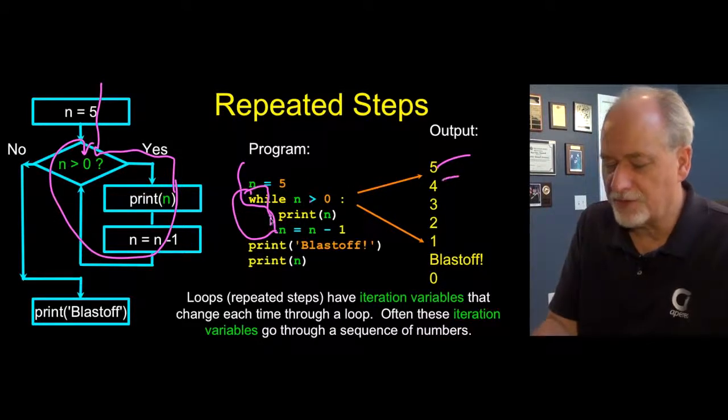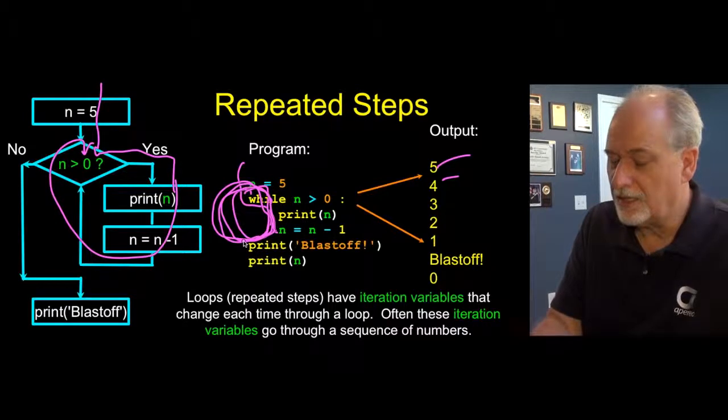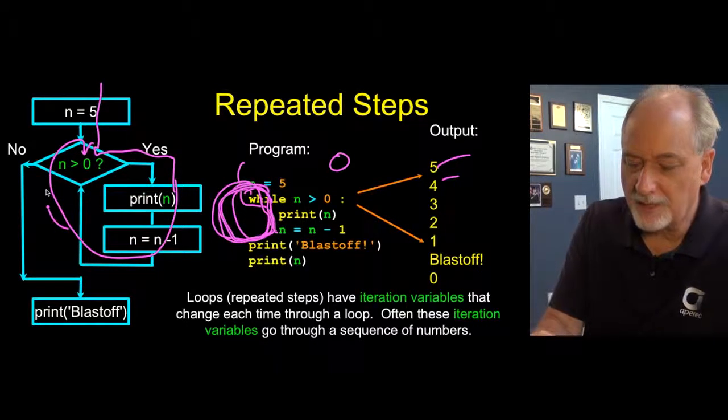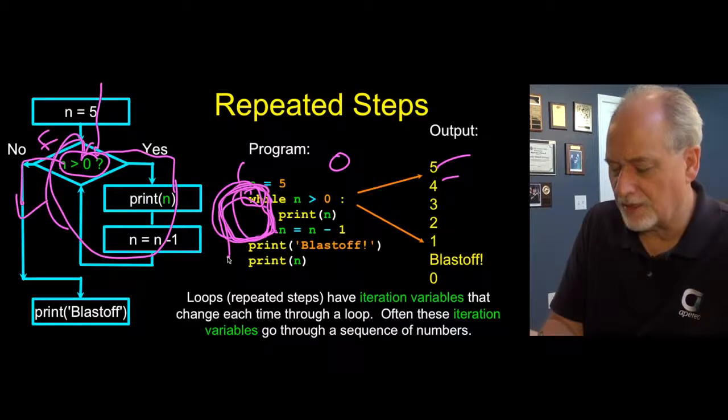Then it prints out 4, subtracts again, checks, prints 3, subtracts again, prints 2, subtracts again, prints 1, subtracts again. Now n is 0, so it comes back up, and the question has now become false, so it takes the exit. It comes down and runs this line right here.